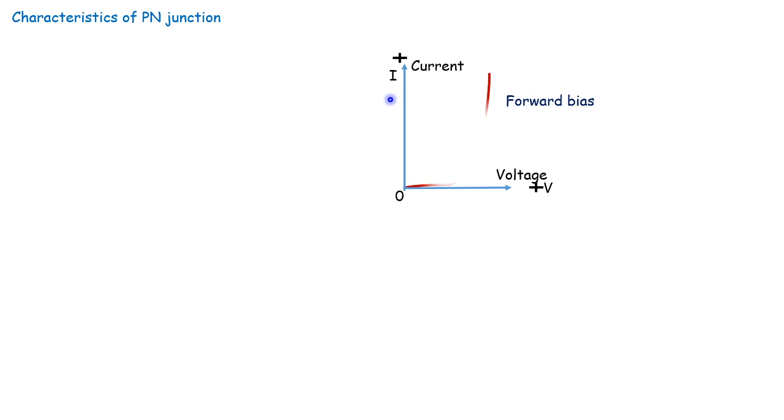Here the current passing through the PN junction is always in milliampere. Above the knee voltage, the current passing through the PN junction increases rapidly, whereas voltage remains constant. Both voltage and current are positive, so it is plotted in the first quadrant.